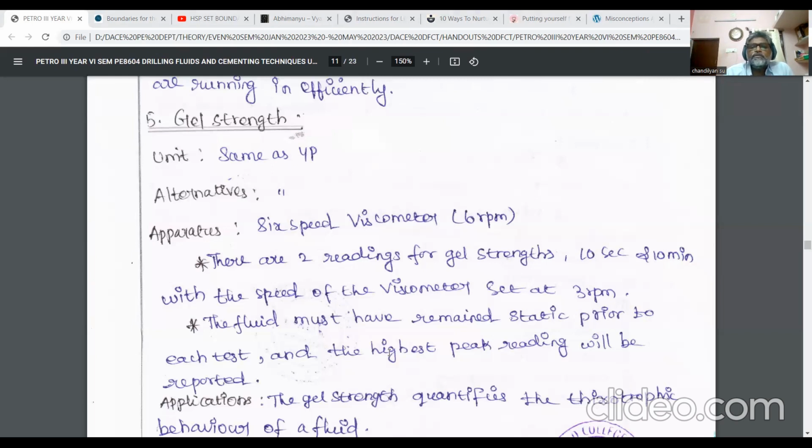So when you're taking readings, you have to keep the instrument in a static condition, and then when you take the reading of the shear rate theta at some specific rotation, you take the maximum deflection of the needle. Maximum deflection will be, say, 11 or 14, but it will drop down sooner, based on the speed. So you have to consciously watch for it, then you'll be able to get the readings.